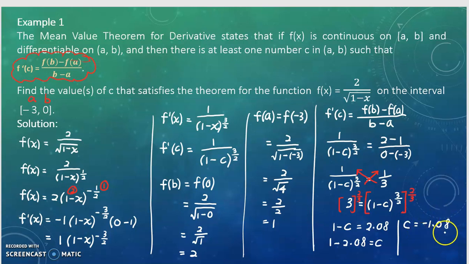The negative 1.08 is in the interval from negative 3 to 0, so the value of c is correct. Here is the answer. This is the closed interval from negative 3 to 0, and this is the answer.